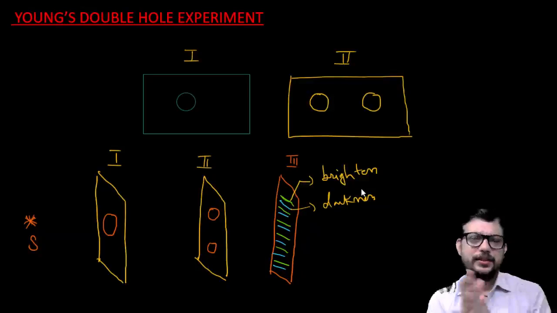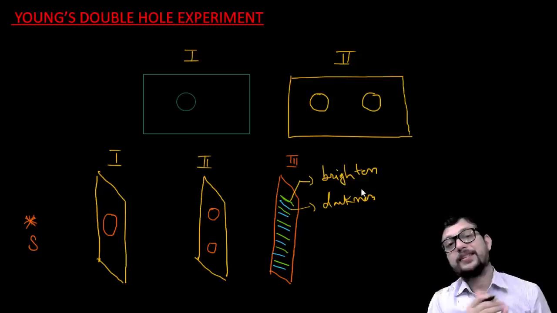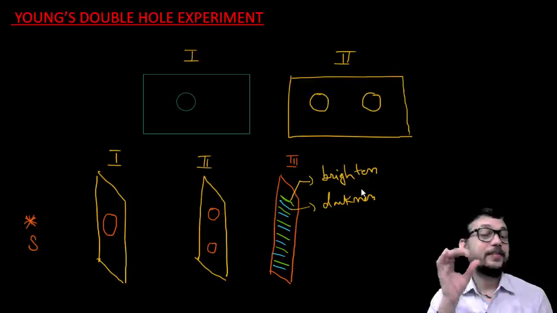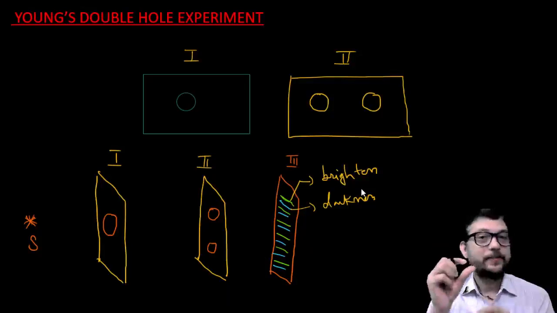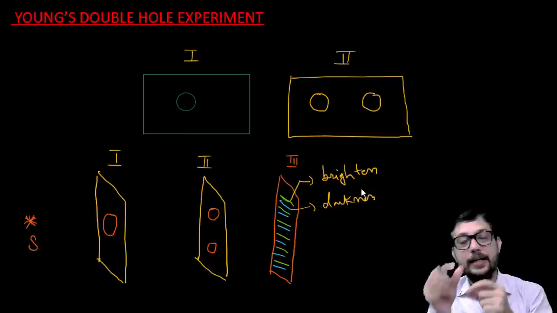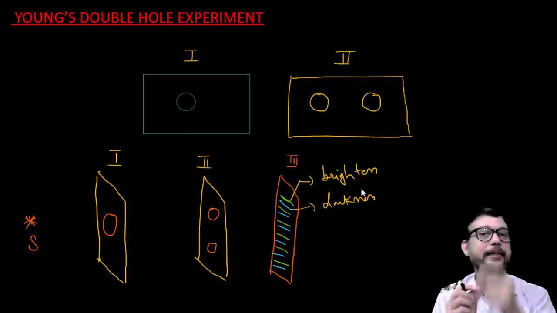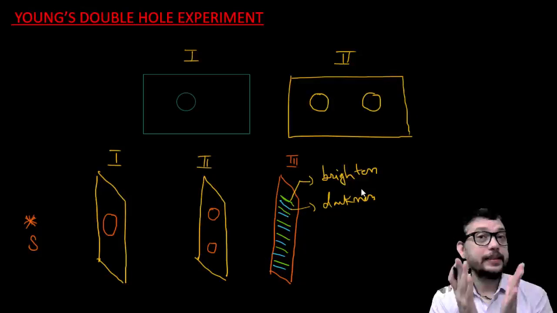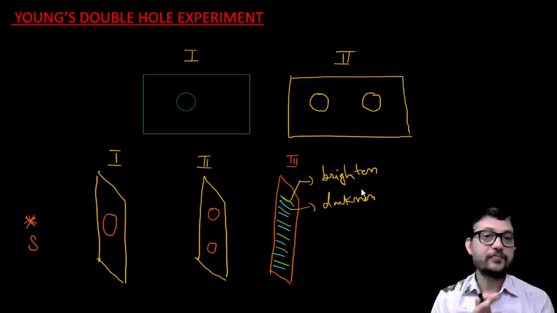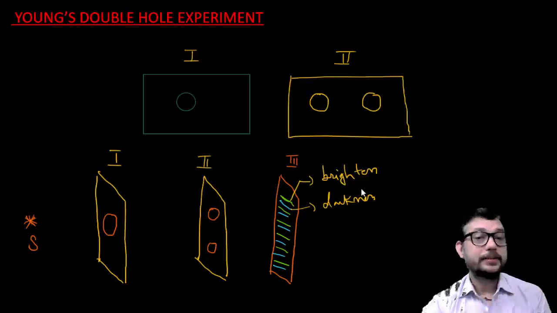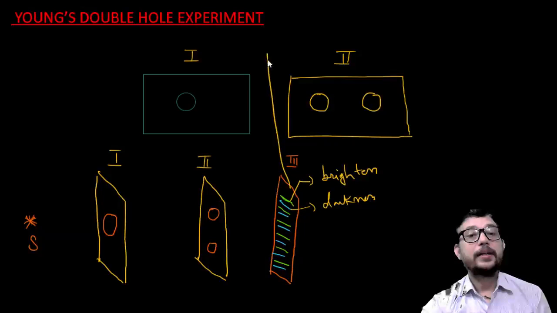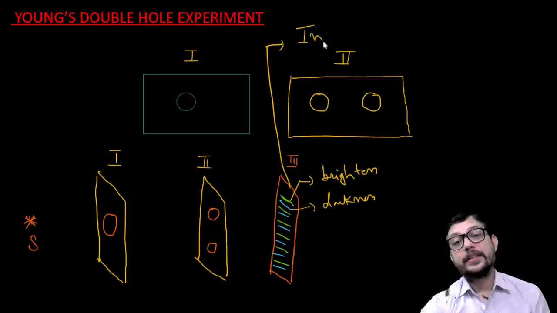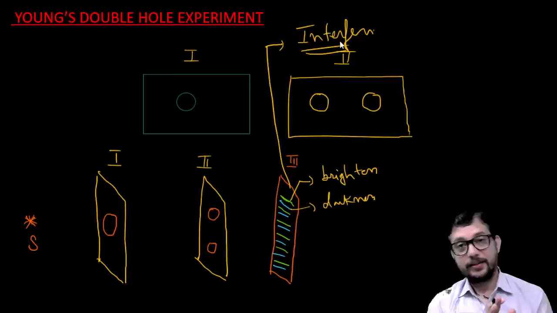On the third cardboard we get a definite pattern in the form of strips. One strip will be bright, the other dark, then bright, then dark, then bright, then dark. This pattern goes on. This is very interesting, and Young named this phenomenon interference.